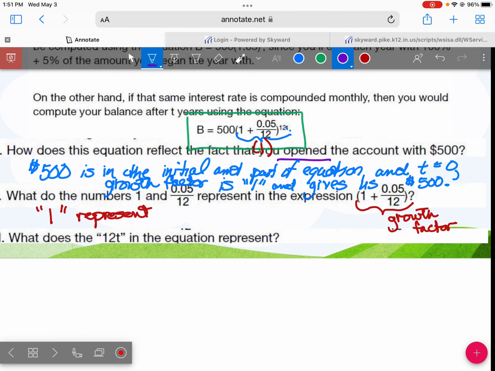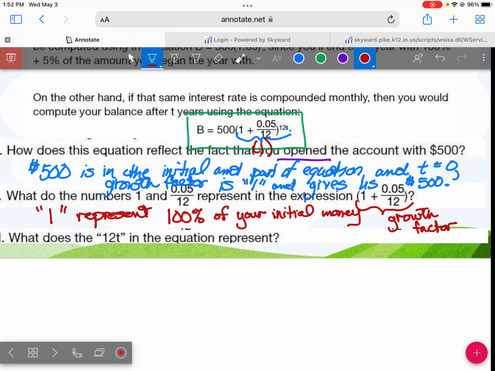Okay. The 1 itself represents 100% of your initial money. Okay? So that's the money that we are earning the interest on. That's the 1 part of it.